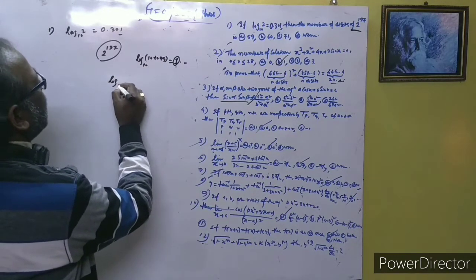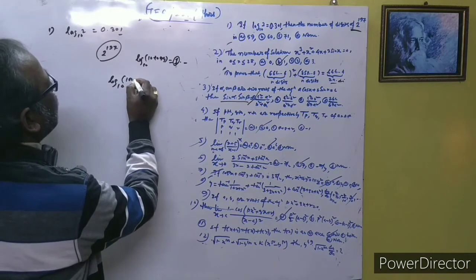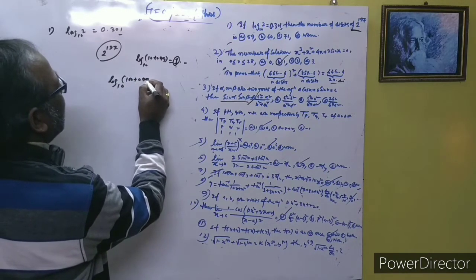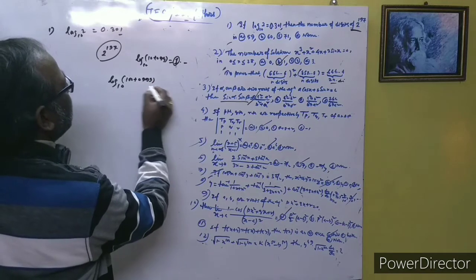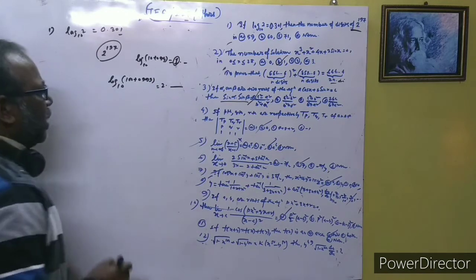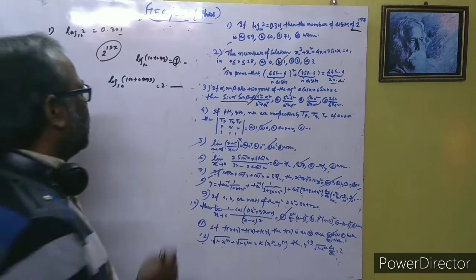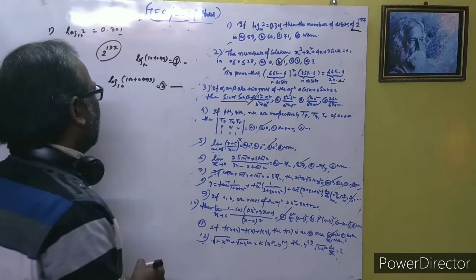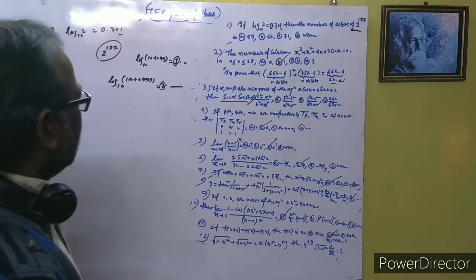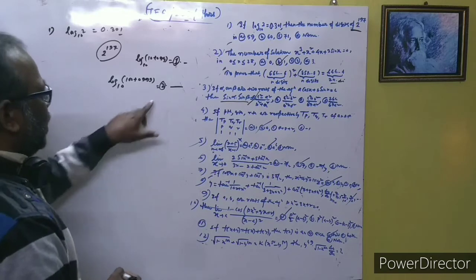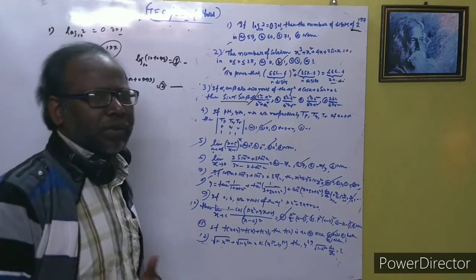Like that, if we take 100 to 999, then you get the figure 2 point something, so you always get 2 point something. So this justifies that the number of digits of the figure is 3. If we get 2 here, then the number of digits would be 3.